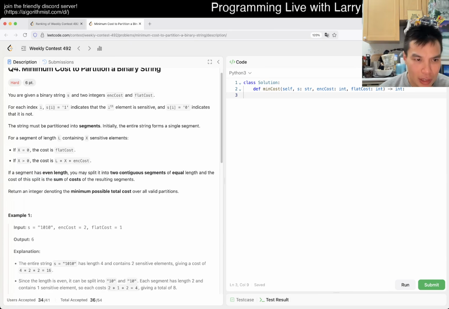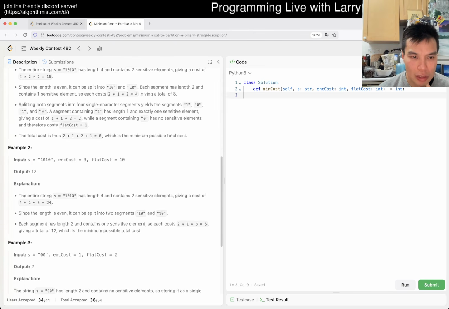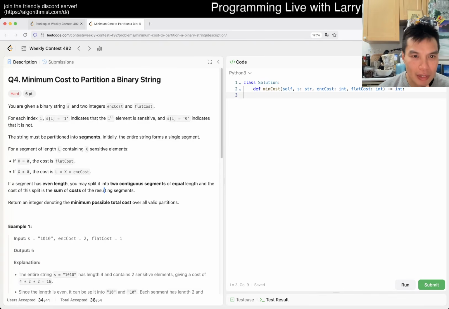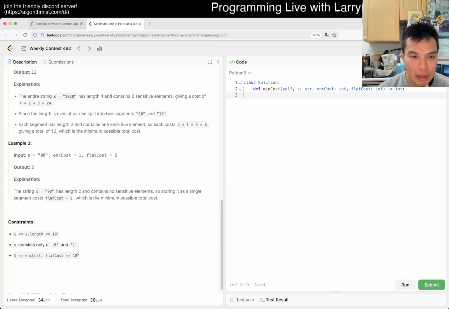What if it's odd? It doesn't. You may split it into halves of equal length, and the cost of this split is the sum of the costs. Huh? Is this always a power of 2? I don't get it. What about if it's odd length? And all these are powers of 2s.